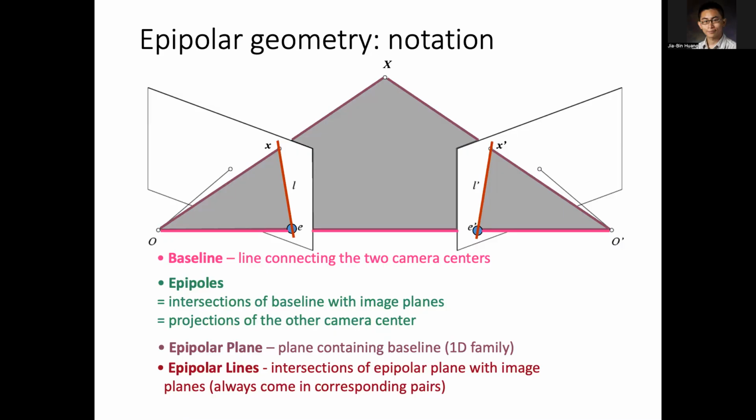Every plane that passes through this line is called an epipolar plane. They all pass through the same line, the camera geometry. The possible epipolar lines are the intersections of those epipolar planes with the image plane. Can you imagine this?